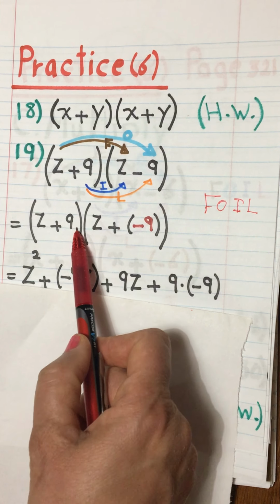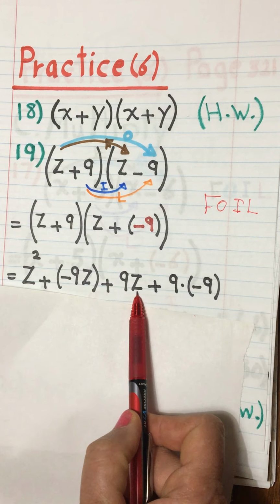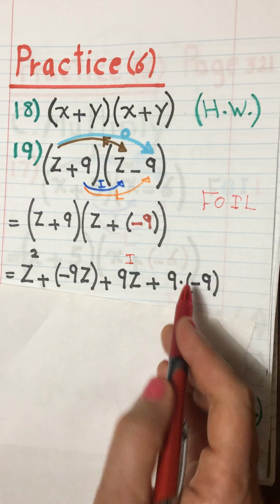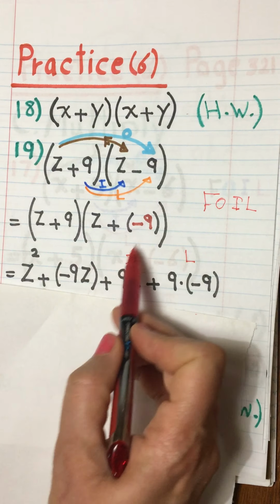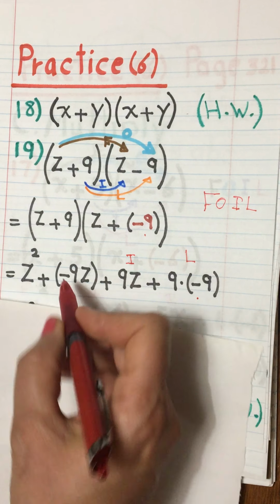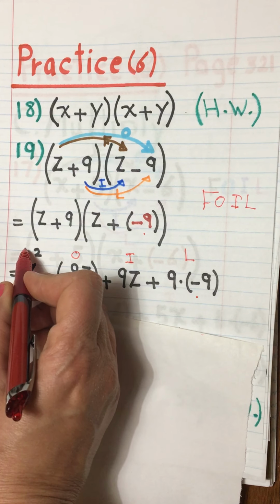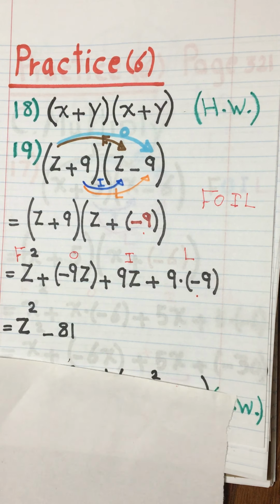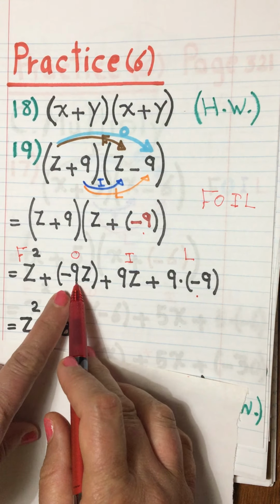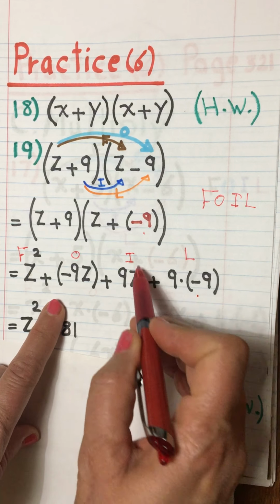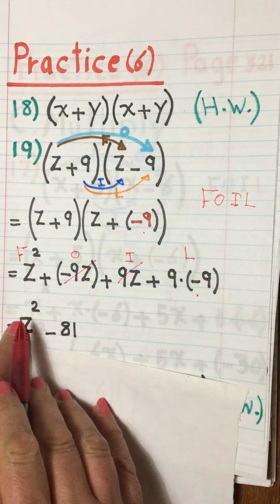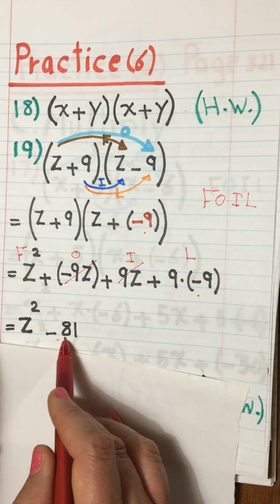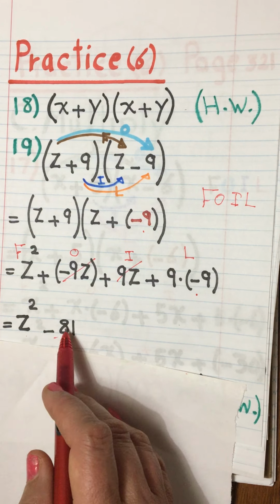Then inner terms, 9 times z plus 9z. Then last terms, 9 times negative 9. Negative 9z and positive 9z cancel out. So the answer is z squared, 9 times 9, minus 81. So z squared minus 81.